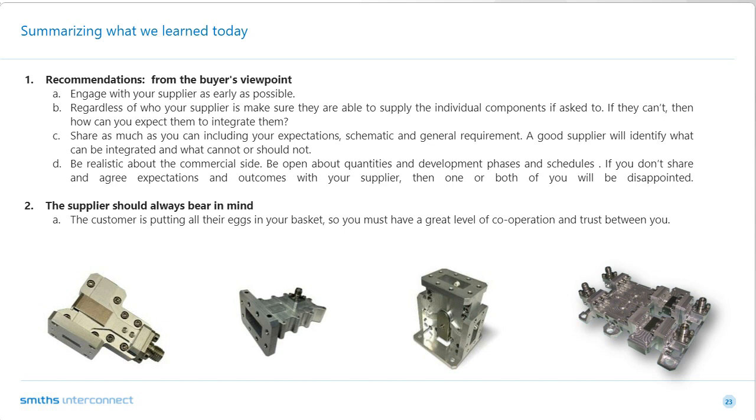And finally, touching on the second point on the supplier side, we take it very seriously. Our customer is putting all their eggs in our basket, and therefore we're going to reach forward and deliver as much truth and cooperation as possible.